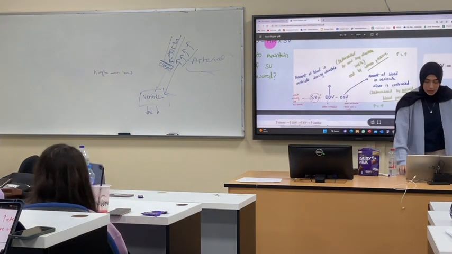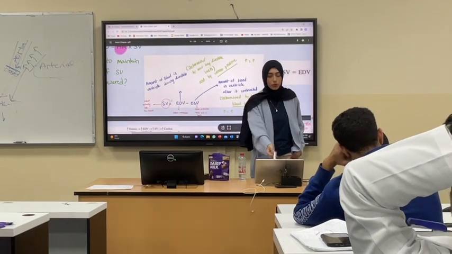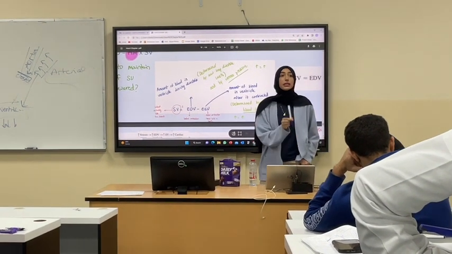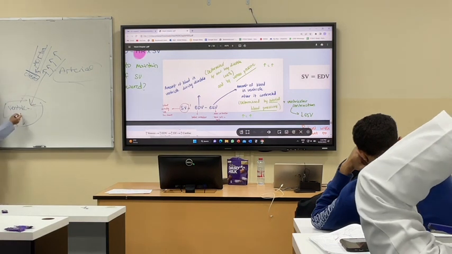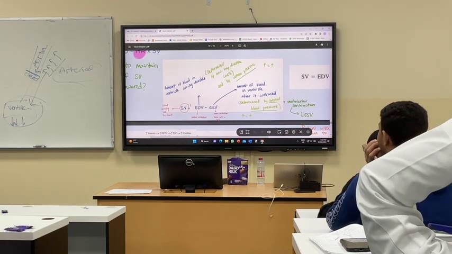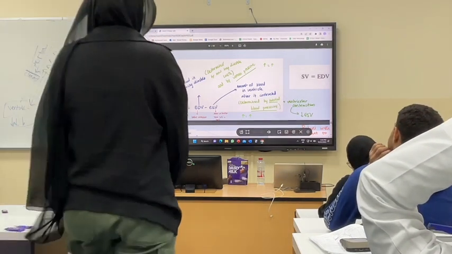Okay, sure. The other factor that is going to also determine ESV is ventricular contraction. Now if the ventricles are contracting really well, does that mean a high amount of blood is going to stay in the ventricle or a low amount of blood? Low amount of blood, so obviously I'll have low ESV.